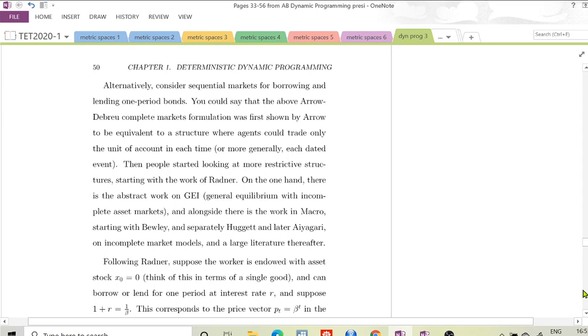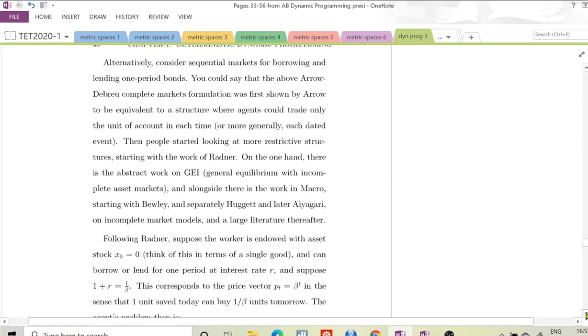And then, work by Radner and others started with more restrictive assumptions so they could deal with dynamic programming, with dynamic models, in a more natural way.